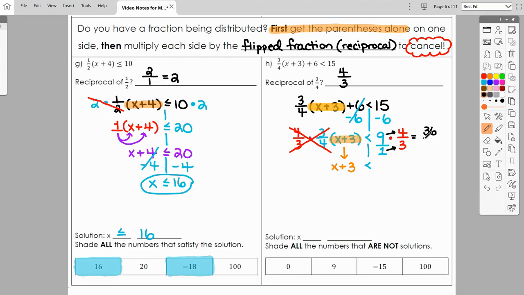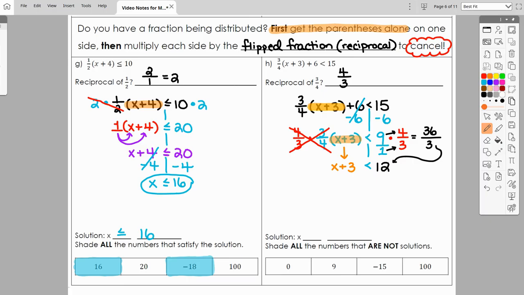And I can multiply the two numbers in my denominator. 1 times 3 makes 3. So making that whole number of 9 into a fraction by placing it over 1 helps me multiply what was in the numerators and what was in the denominators. From here, it's just a division problem. 36 divided by 3, I can do in my calculator or in my head, comes out to 12 every time.